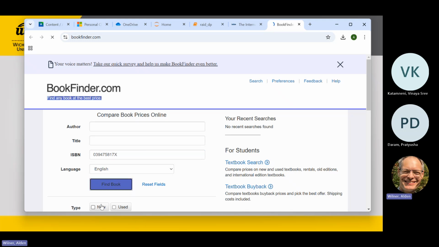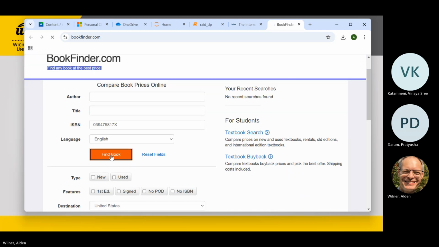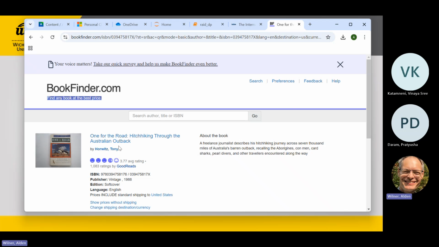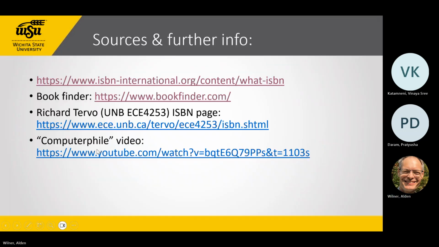Find that book. It'll eventually get there. One for the road, hitchhiking through the Australian outback. That's what you can check other books are too. So there's actually a full database.